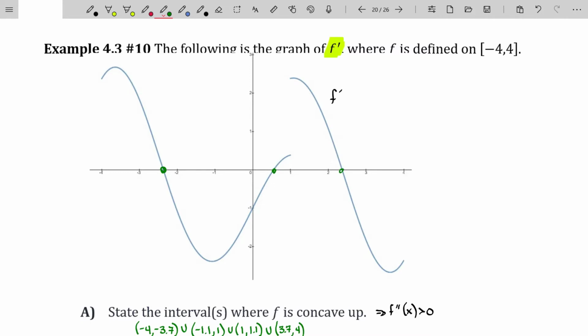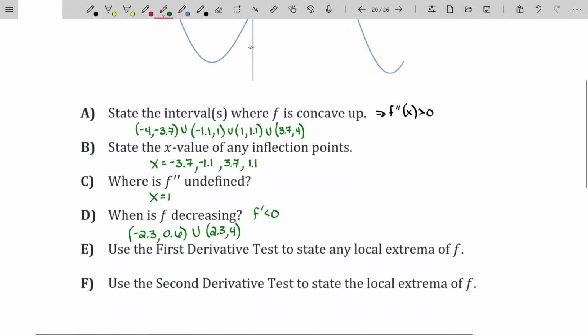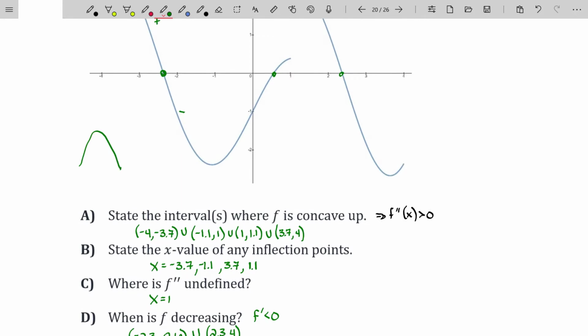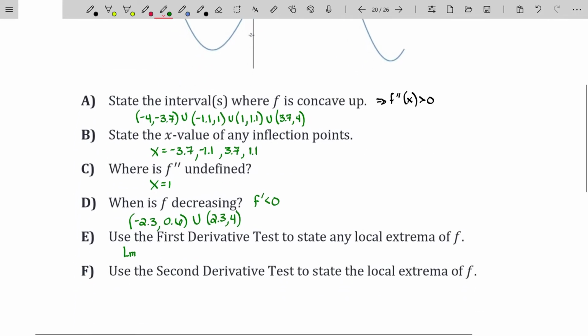So we know that the first derivative went from positive to negative at x equals negative 2.3. Okay, so we have a local max at x equals negative 2.3.